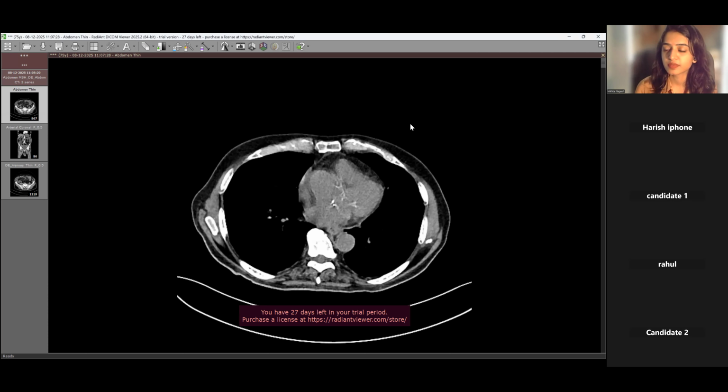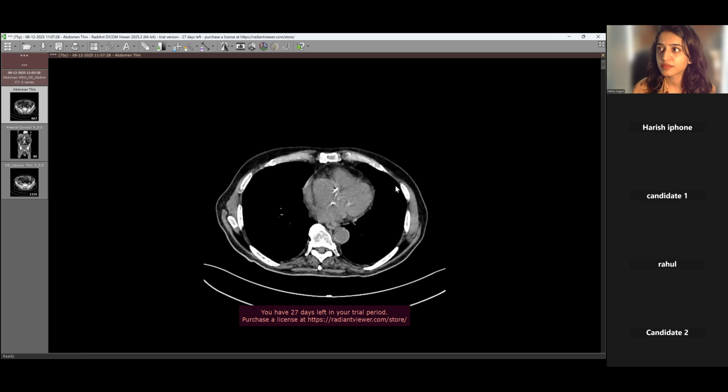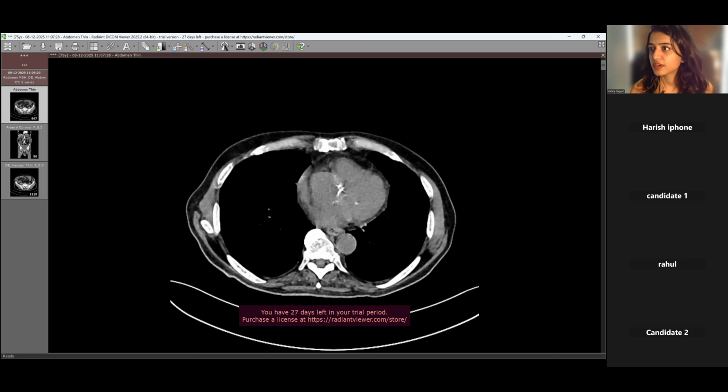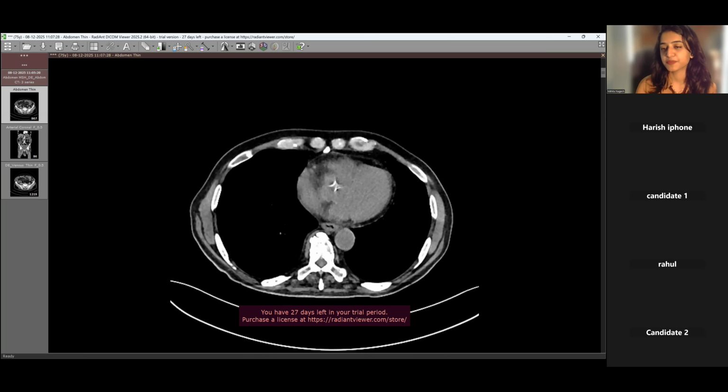So I've been provided with a CT scan of abdomen and pelvis in axial sections. History is not provided. I'll just scroll through the image before I start commenting. Maybe I'll use the scroll bar then.